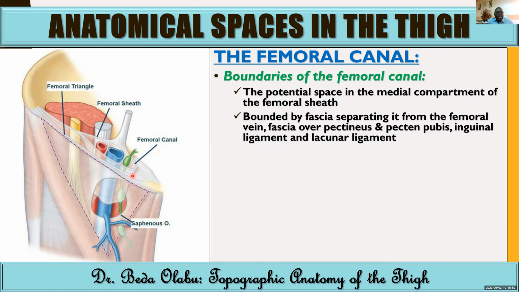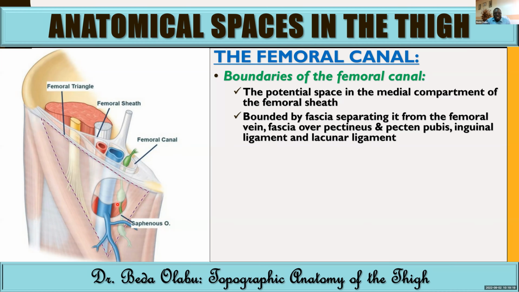On the posterior aspect, it is separated from the pectineus muscle by the fascia that covers the pectineus muscle, and also by the pecten pubis, so basically the superior pubic ramus. And anteriorly, it's bounded by the inguinal ligament. So that is the femoral canal.